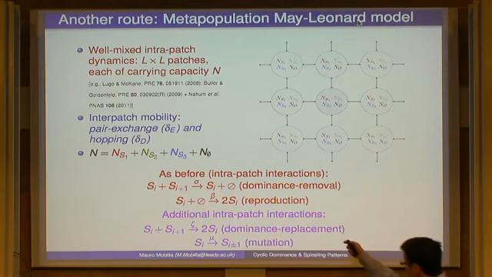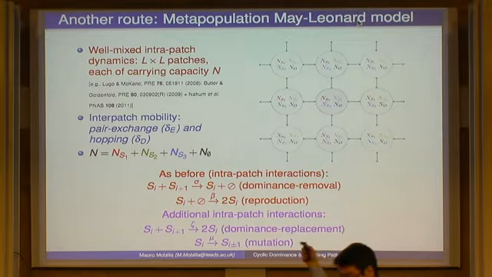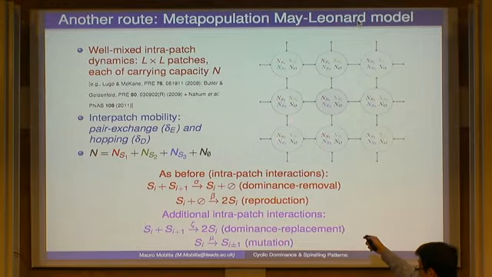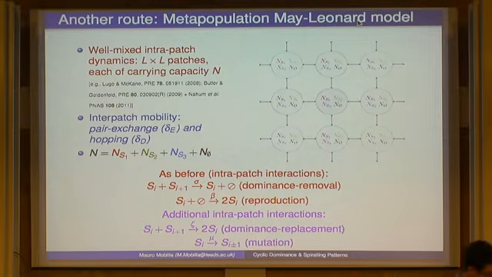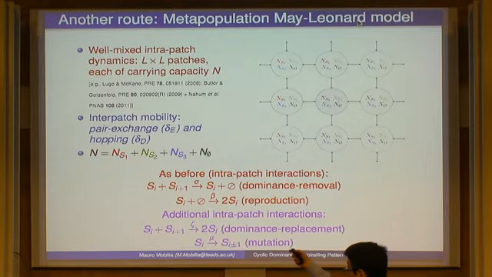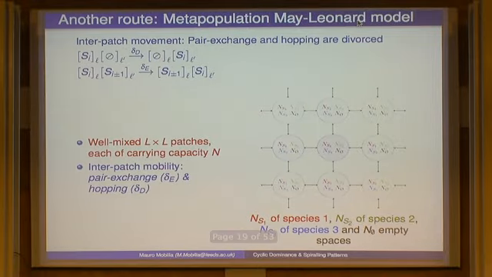On top of that, now to implement the dynamics, all of this happens in each of these patches, right? Now, to allow for some form of mobility, we say that we have pair exchange, like before, and also we allow for some hopping. So basically, we divorce what we had before.